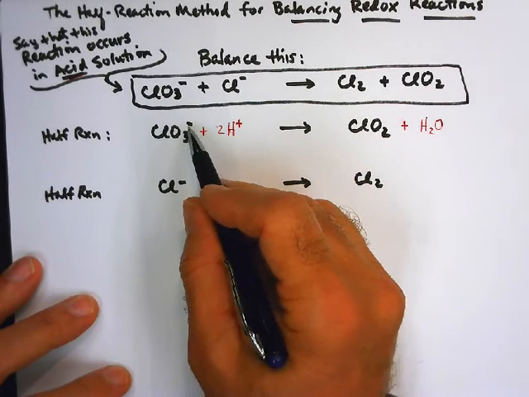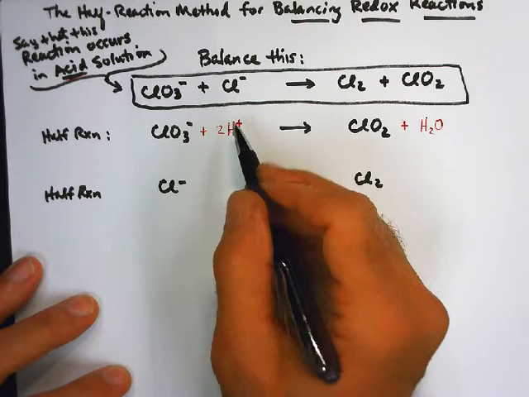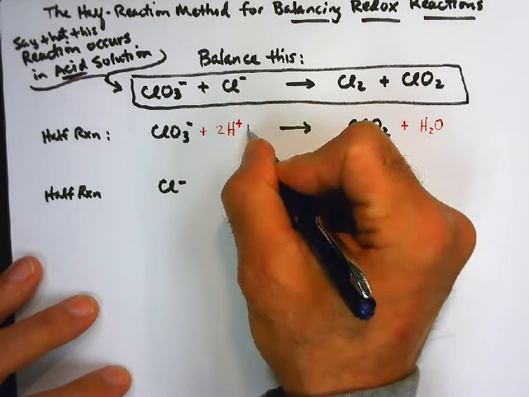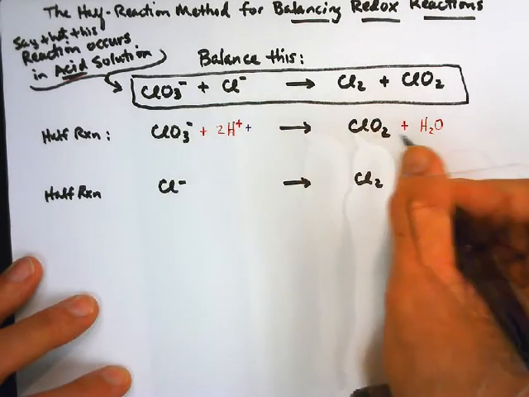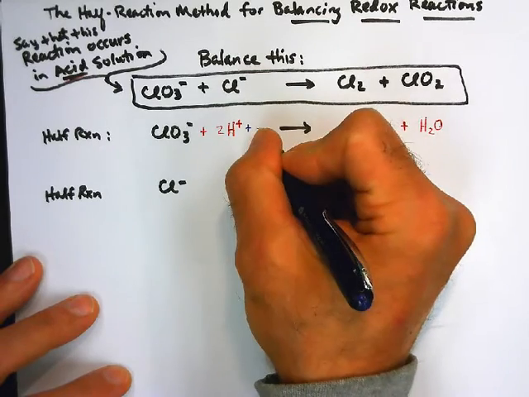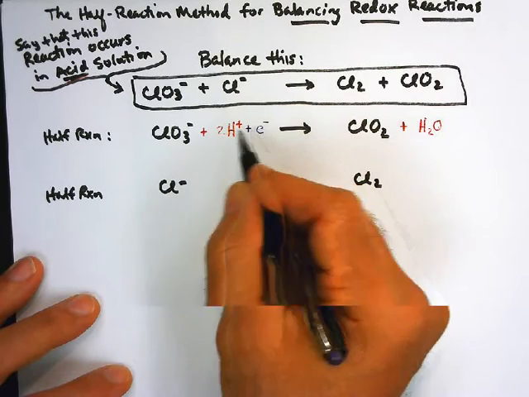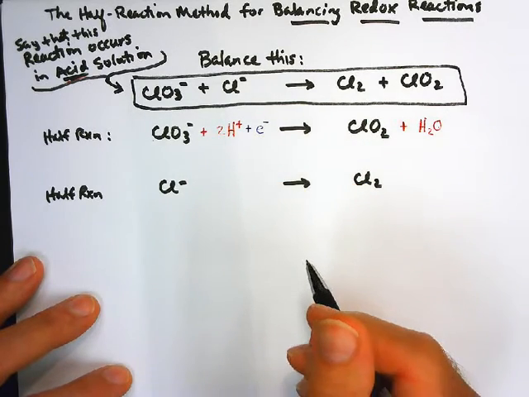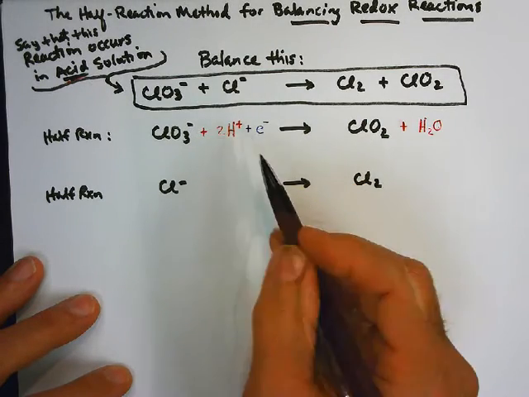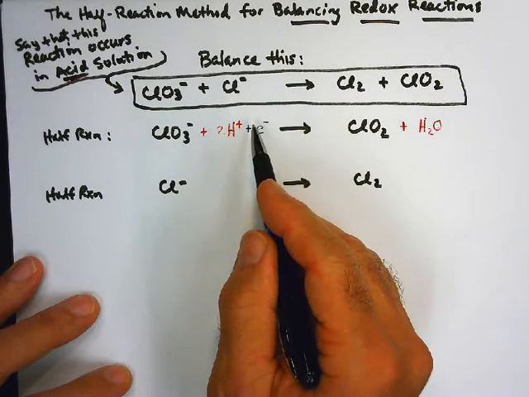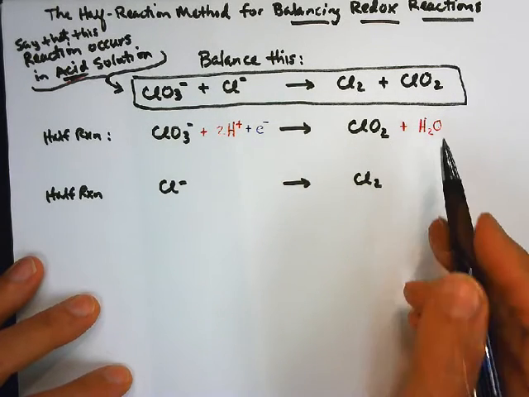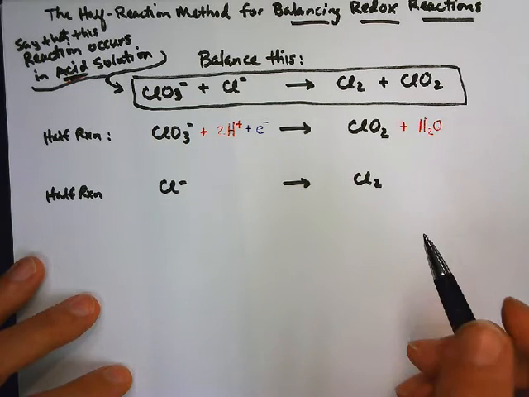So I need to make the left have the same charge as the right, which is 0. I'm going to add 1 electron, which adds a negative to the left-hand side. So now it's 2 negatives and 2 positives. That's 0 on the left, and it's 0 on the right. So now the charges are balanced.